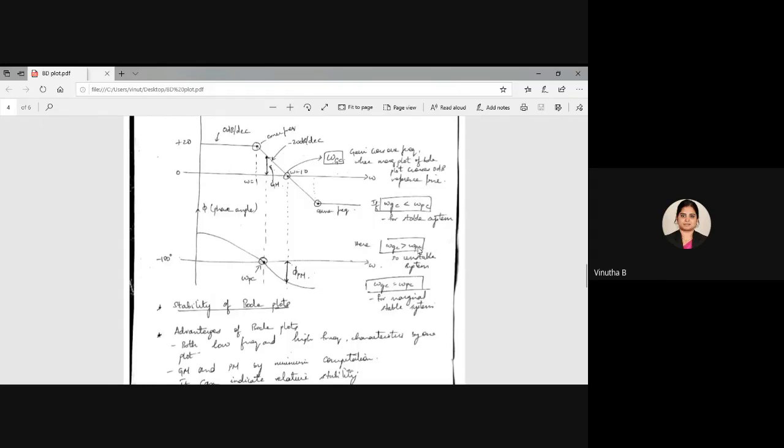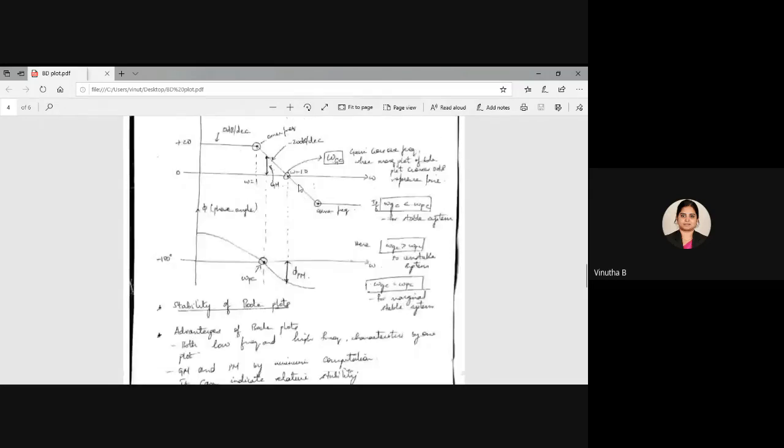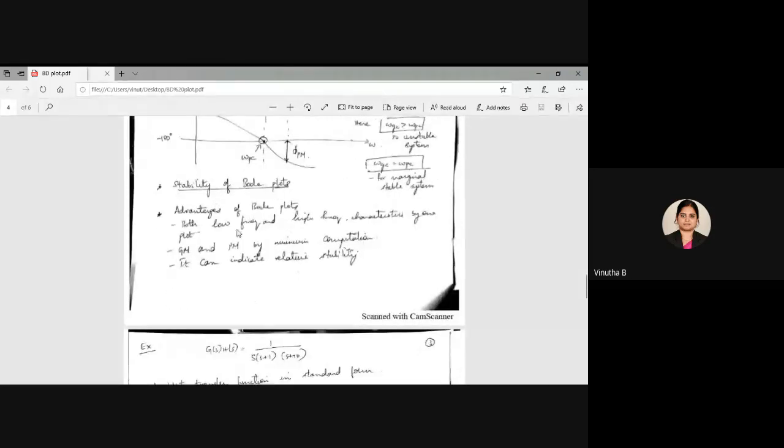So when omega PC is less than omega GC, we call that system an unstable system. If you want to make the system stable, this point should be moved ahead of this PC, or this point should be moved after this omega GC point, so that you get the condition omega GC less than omega PC for a stable system. So that is about the stability of Bode plots.